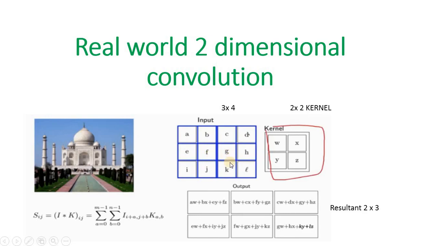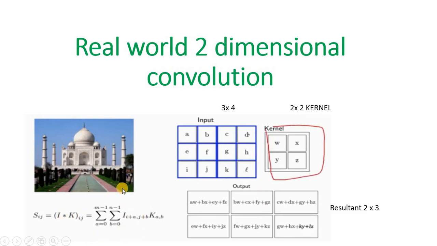Like this you can do 6 different slidings, and you take a weighted average, like in the first case AW plus BX plus EY plus FZ, and replace that number here. What I am trying to say is, you are creating a resultant 2 by 3 matrix out of this operation. Mathematically this can be represented as a 2-dimensional convolution which looks like that.